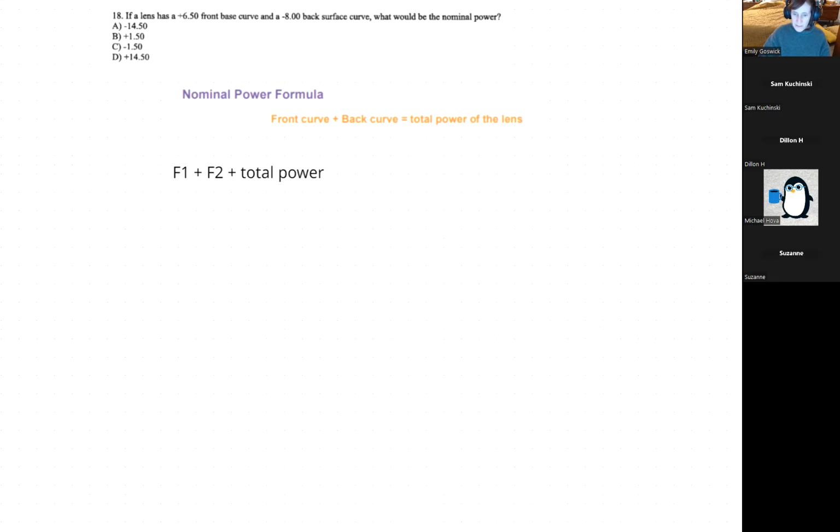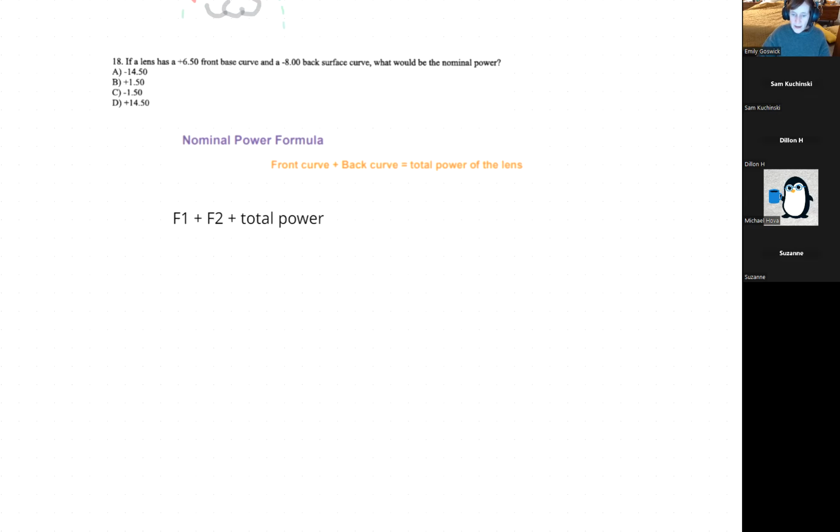So this is where it can get a little confusing, is how do you make sure your signs are correct. So I'm trying to keep that on the page there, but let's go ahead and just take a second to draw this out. So let's say the one on the left is F1 and this one is F2. I should also say that you want to take note in this particular case that this is a spherical lens, okay?